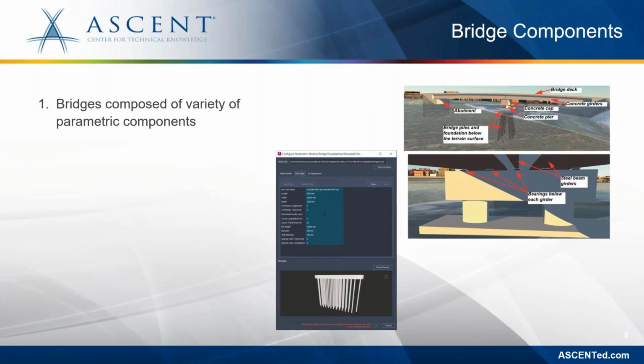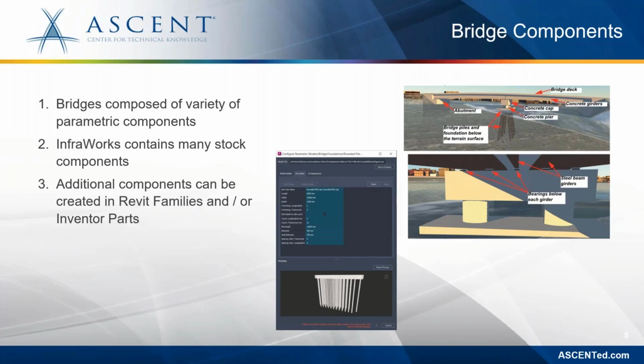A bridge is actually quite a complex object within InfraWorks, and it's composed of a variety of parts with parametric values. InfraWorks comes with quite many stock components, but you now also have the ability to create Revit families or Inventor parts that can be brought into InfraWorks for customized parts.